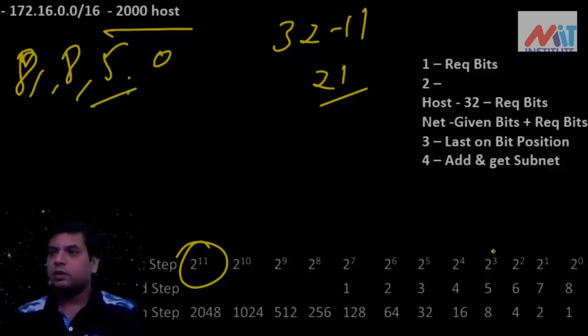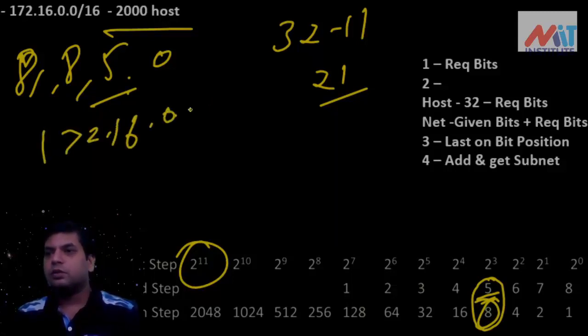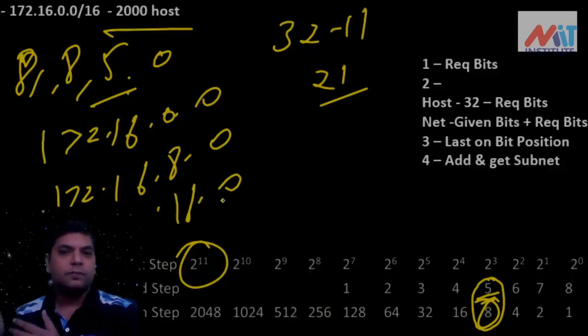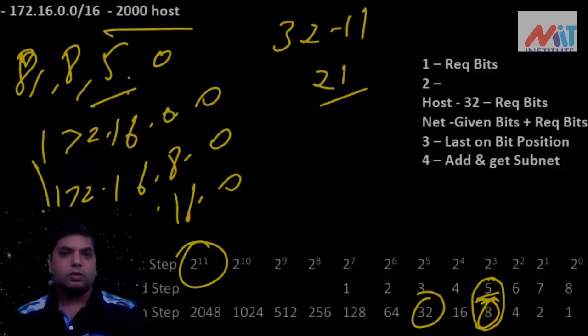So 5 means the last on bit will be in the 5th position, which means we need to add 8 in the third octet: 172.16.0.0, 172.16.8.0, 16.0, and like this, and we will get 32 subnets.